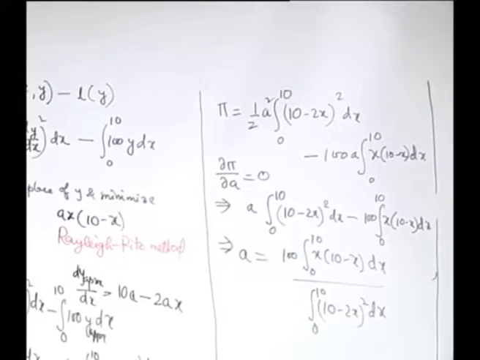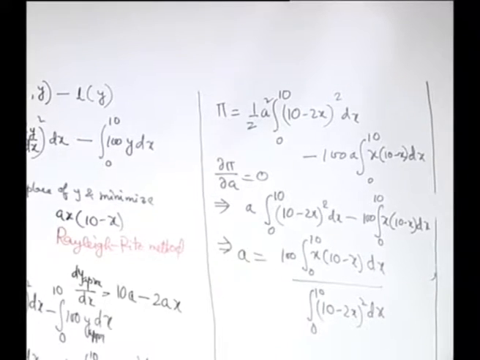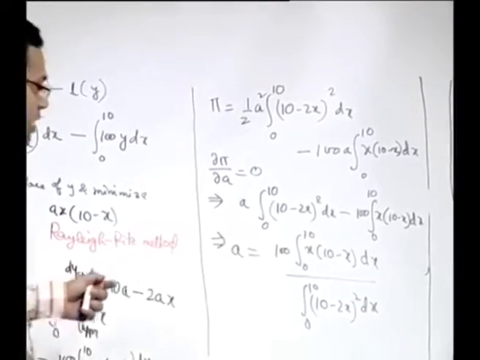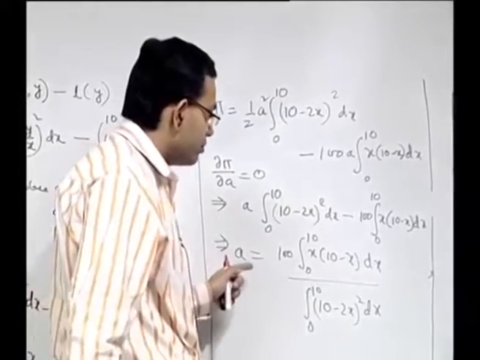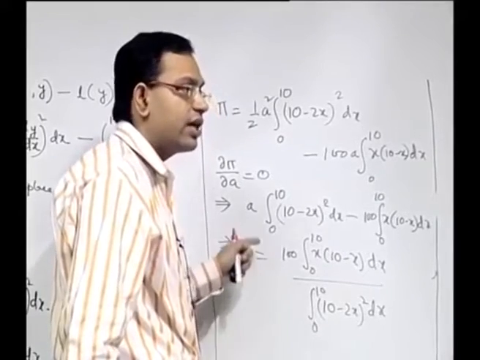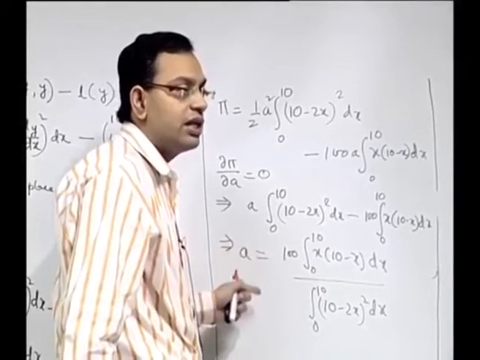So, you can complete this exercise. This is a very simple exercise, and at the end if you do the integrations, there is no surprise, here also you should get a equal to 50.